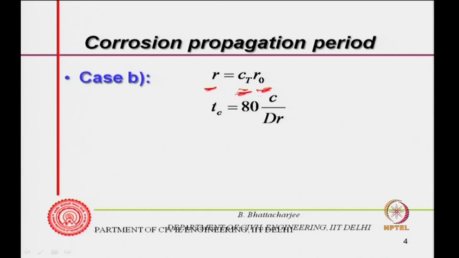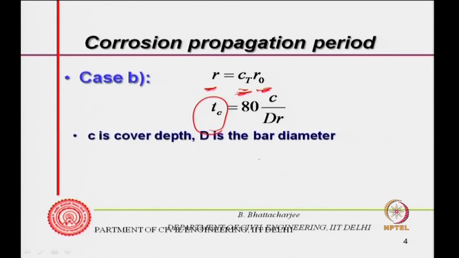At standard temperature and at any other temperature this will be given by R, and the time of corrosion for delamination would be 80 C by D R, where D is the bar diameter and C is the cover depth.